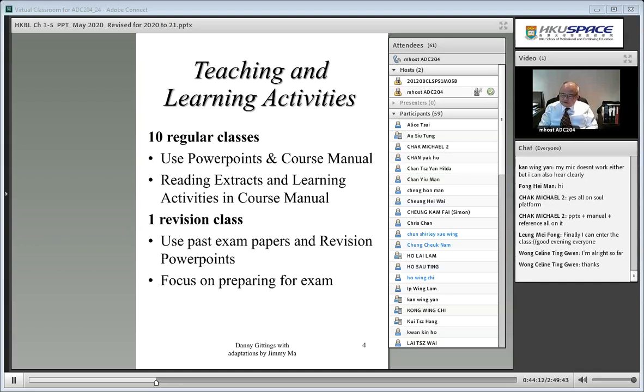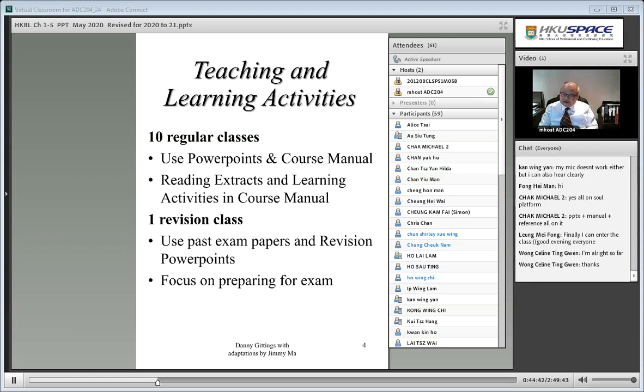You will be expected to read the extracts and learning activities in the course manual, and also do some self-learning by answering the questions posed in the manual. The revision class, as I said, is sometime in April.